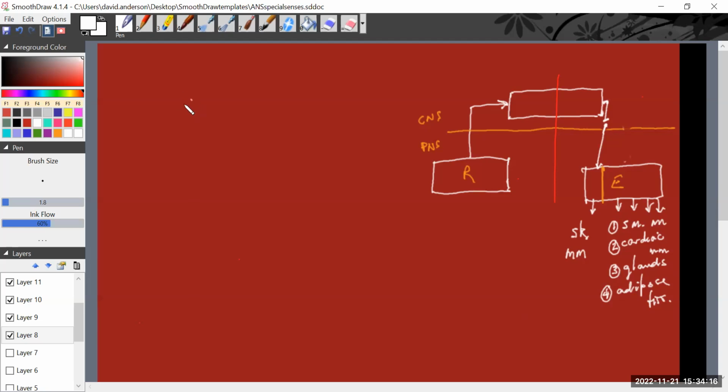Remember when we drew the gray matter? And we had our motor neurons in the anterior horn, right? Everybody remember that? And it would leave in the anterior root, right? Everybody's familiar? And we enter the spinal cord in the dorsal root.